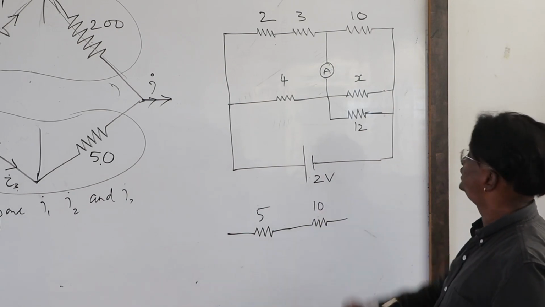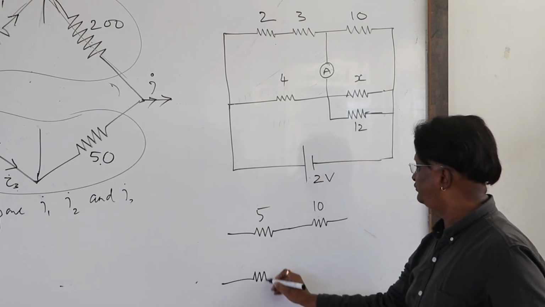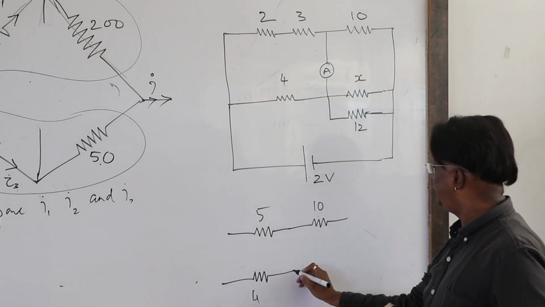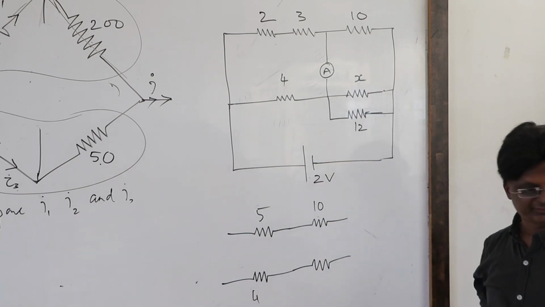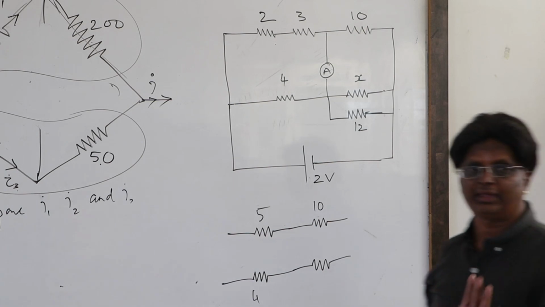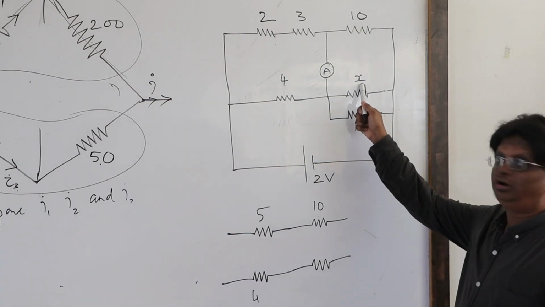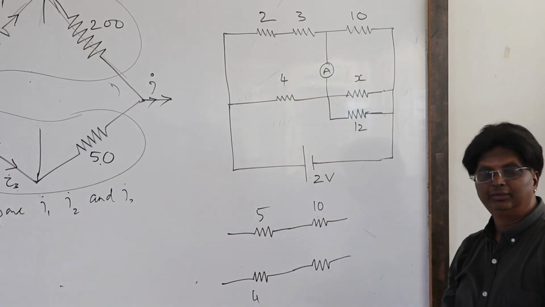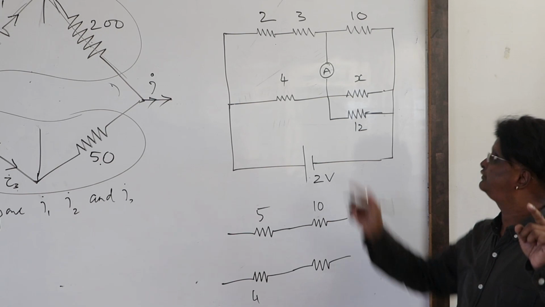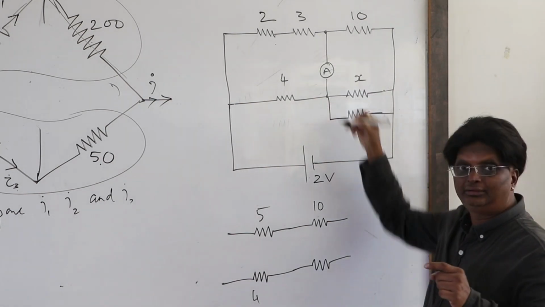This one is 10 ohms. And here also this one is 4 ohms and this one is 12 and X in parallel. Actually the question is for what value of X the ammeter shows 0 reading. Ammeter showing 0 reading means there is no current through the ammeter, right?